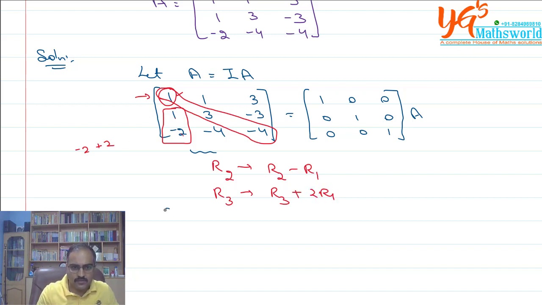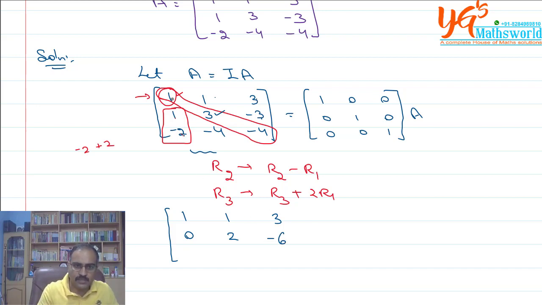Okay, so the matrix reduces to: first row 1 1 3. Now on R2 minus R1: 1 minus 1 is 0, 3 minus 1 is 2, minus 3 minus 3 is minus 6.